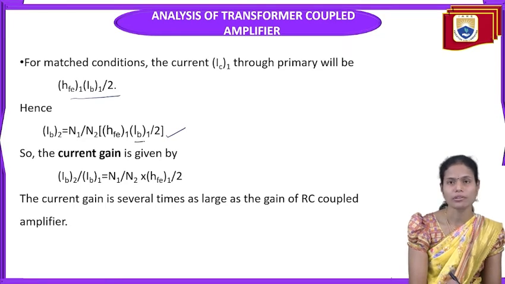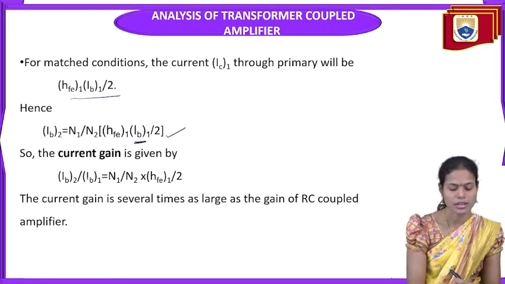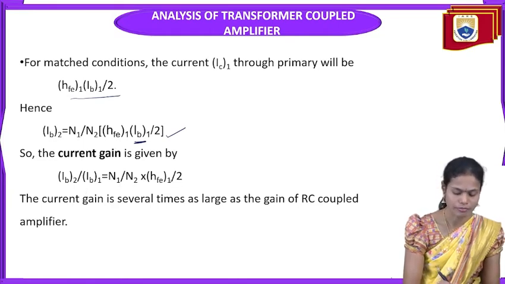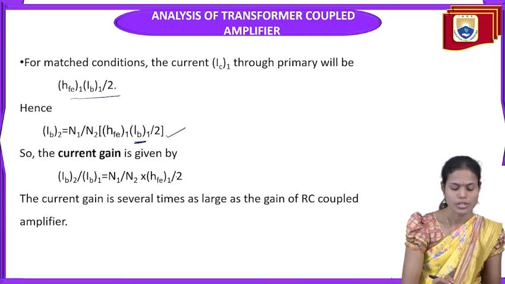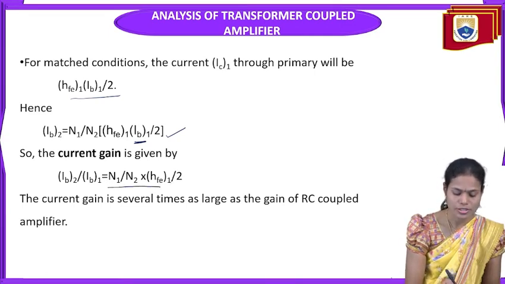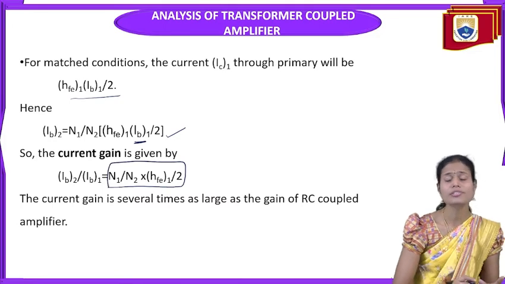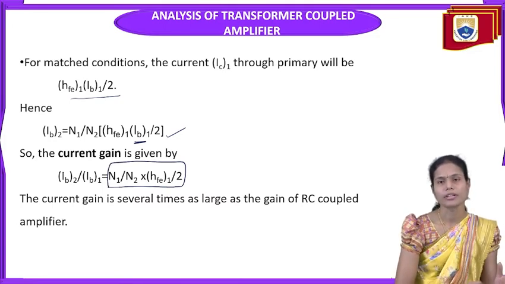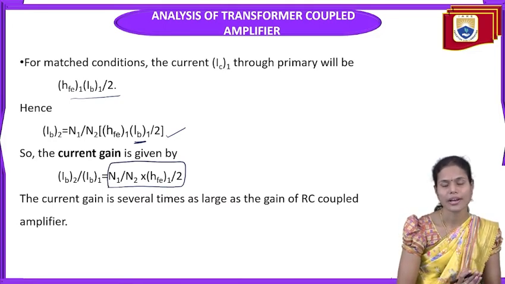If we take the IB1 term to the left side, we get IB2 by IB1 equal to N1 by N2 into hfe1 divided by 2. If we compare this current gain with the single stage amplifier current gain, this gain is very much higher compared to the single stage or RC coupled amplifier.